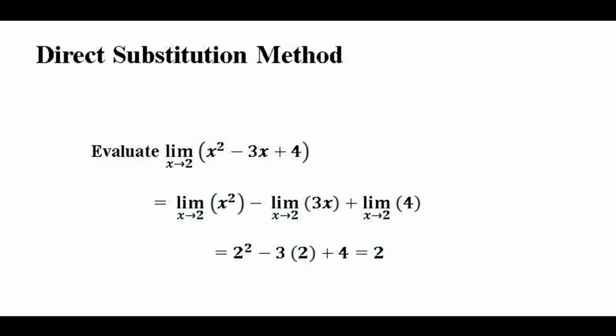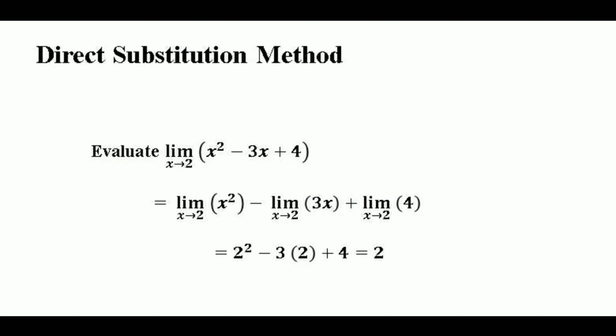Let us take the first method for solving limits, that is the direct substitution method. For example, evaluate the limit of x squared minus 3x plus 4 where x approaches 2. As per the sum or difference rule of limits, which was discussed in the previous section, it can be written by taking the limit of individual parts and then putting them back together with the appropriate sign.